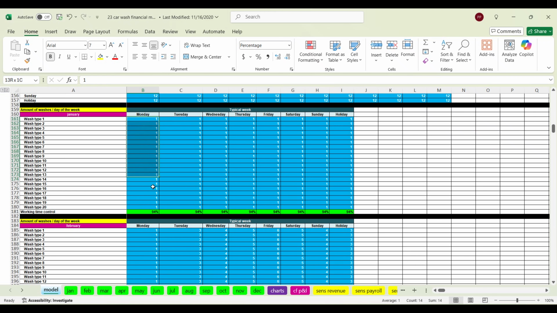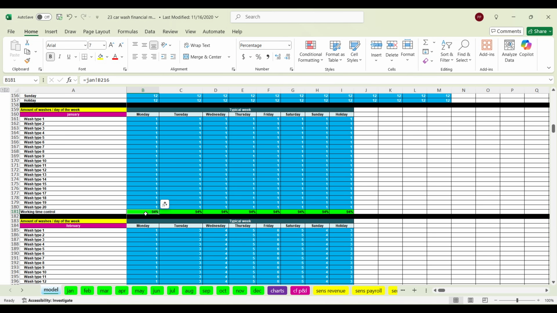So this conditional formatting is analyzing the consumption of the time needed for these services performance, and if the total amount of hours exceeds the total amount of working hours, then we will be given here the alert.